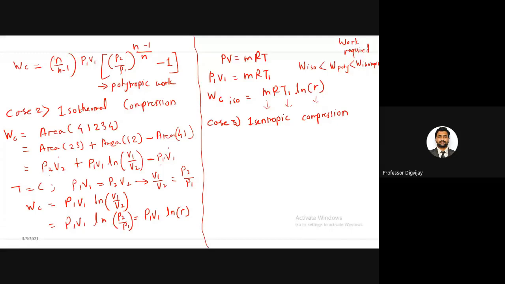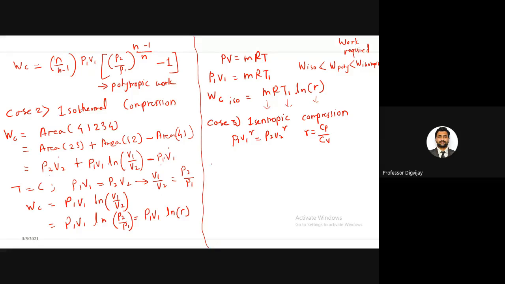Third case here is the isentropic compression. Isentropic process means P1 V1 raised to gamma equal to P2 V2 raised to gamma. What is gamma here? Gamma is nothing but the ratio of specific heat at constant pressure, Cp, divided by specific heat at constant volume, Cv.